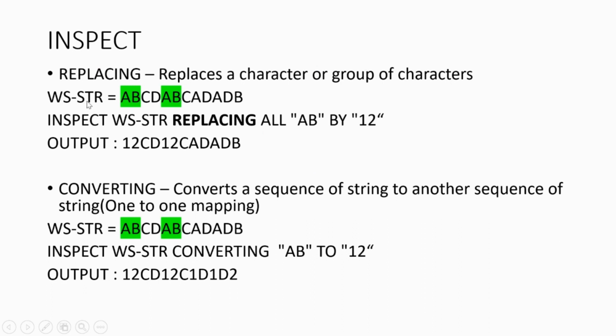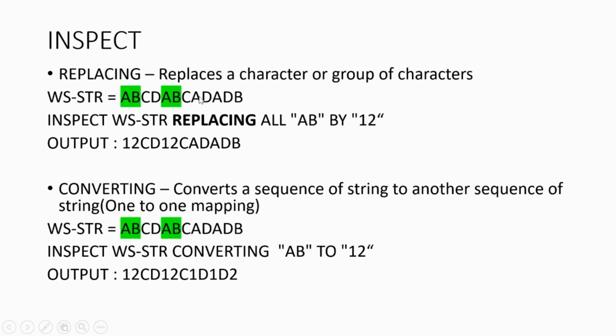For example, if WS-STR has these particular values and you use INSPECT WS-STR REPLACING ALL AB BY 12, then this will replace all the occurrences of AB by 12. Please note that this will not replace the individual character, but it will replace this group of characters AB by 12. So here the output would be 1 2 CD 1 2 C.